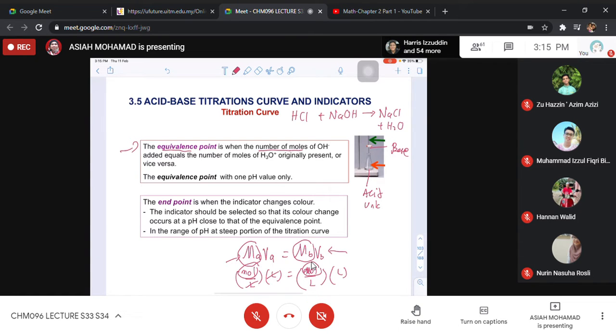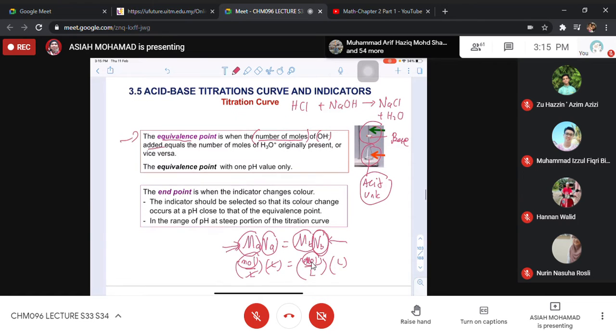By using how much volume was used from the base, and of course this one we pipetted so we already know the volume, you can determine the molarity of this acid. Because the equivalent point is when the number of moles of OH minus added from the base equals the number of moles of H3O plus originally present, or vice versa if you set up the base in the flask and acid in the burette.